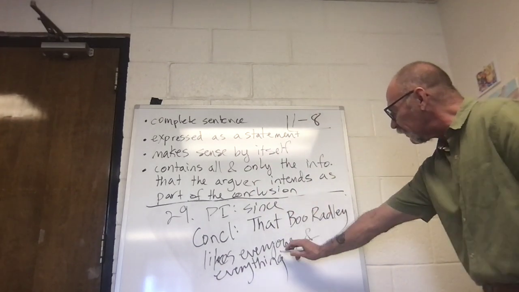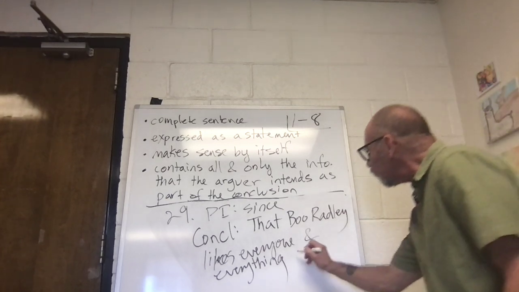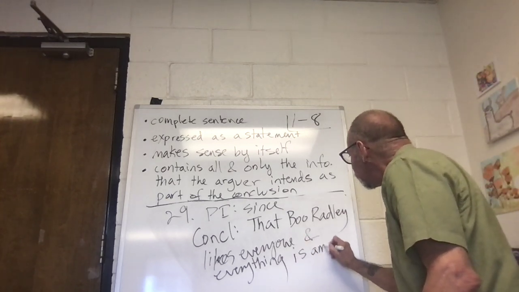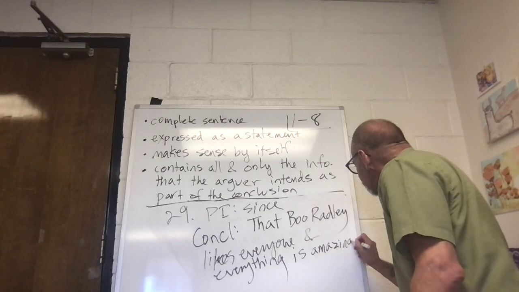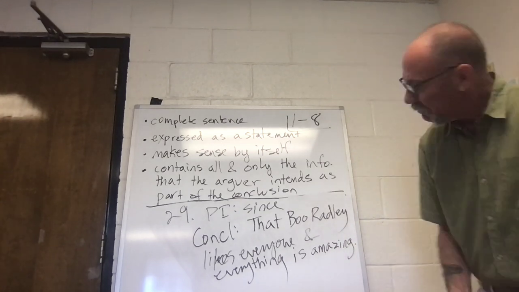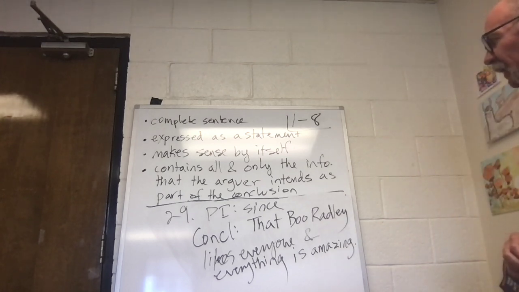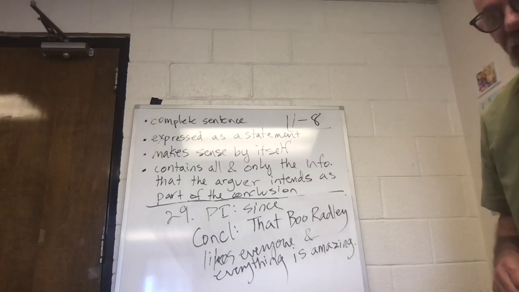Substituting that Boo Radley likes everyone and everything for the word which, and then just finish the sentence and pick up then by copying is amazing. To read the whole thing, that Boo Radley likes everyone and everything is amazing. Or we could say, it's amazing that Boo Radley likes everyone and everything.